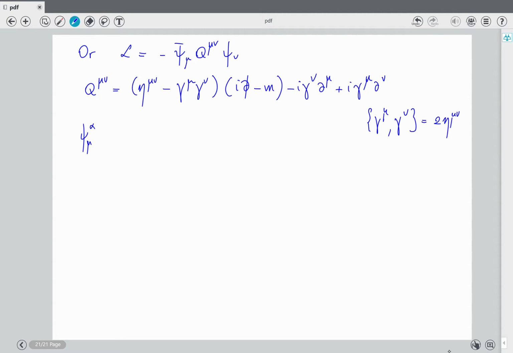We can, for example, build its divergence, and that is just a spinor. It's not a vector, it's just a spinor. So this has spin 1/2. What can we do also to obtain another spin 1/2? If you contract psi mu alpha with gamma mu, that's also a spin 1/2 field.